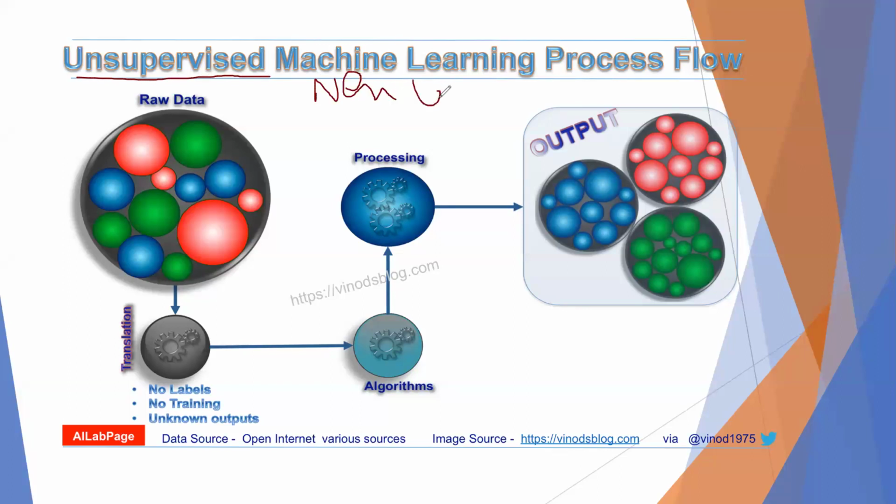Non-labeled means we are not having any classes, we have no labels in the data. We are just having the raw data. We don't know the outputs. We are going to train on the data, and the machine itself will learn from this large volume of data and be able to categorize that data.